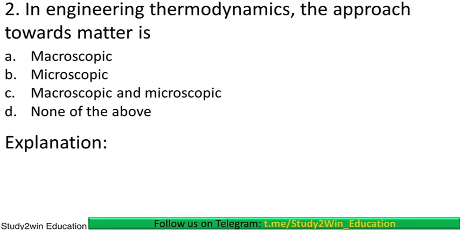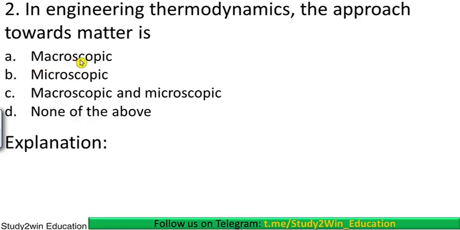Question number 2. In engineering thermodynamics, the approach towards the matter is macroscopic, microscopic, both, or none of the above. Microscopic is the study in detail in a small manner, like at the molecular level, and macroscopic is a by-large study where very minor changes and effects are not considered.